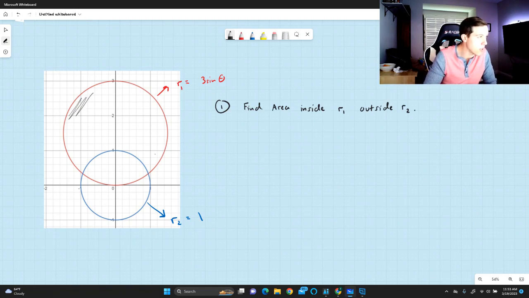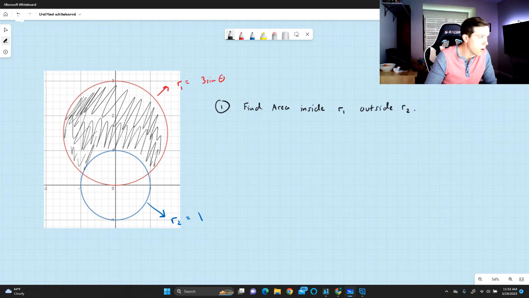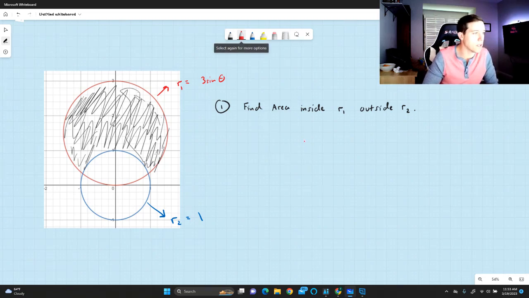So that would be all of this. So this is the area I want to find. Okay. So how do we do this? Well, first thing, it's going to be kind of a subtraction of two areas. So let's start by finding the entire area inside the red, and then we can subtract out the area inside of the blue. That's how we're going to go about it.